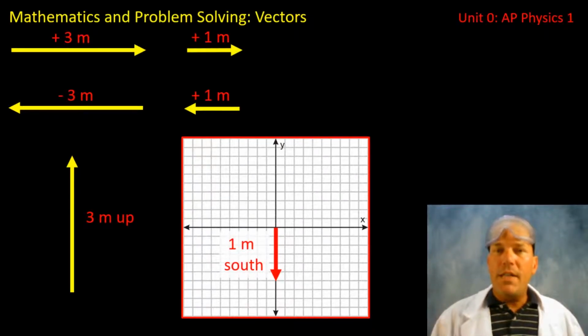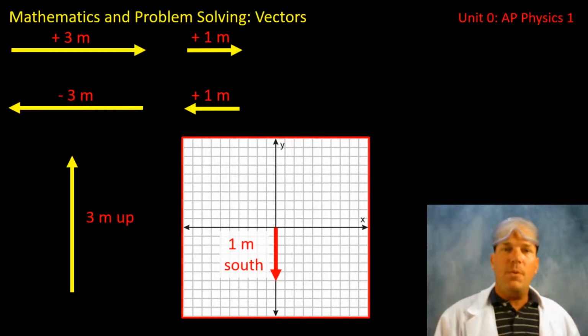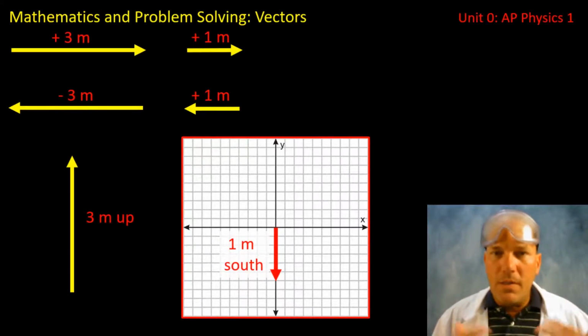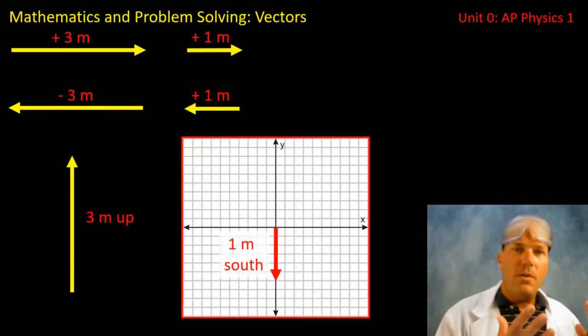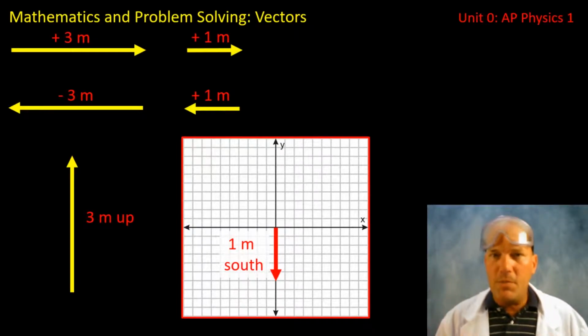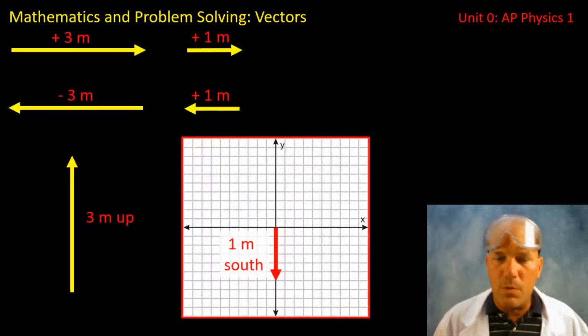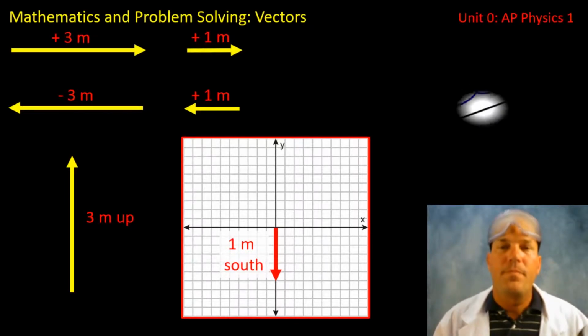Again, look at the length of the arrow. Notice they are proportional to their magnitude. In other words, the greater the magnitude, the longer the length of the arrow. And of course, they point in the direction either up, or in terms of the Cartesian plane and cardinal directions, south.